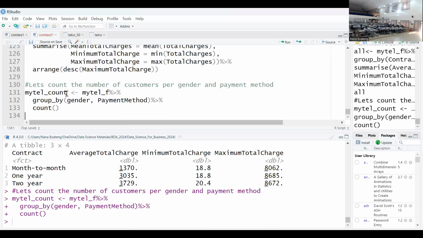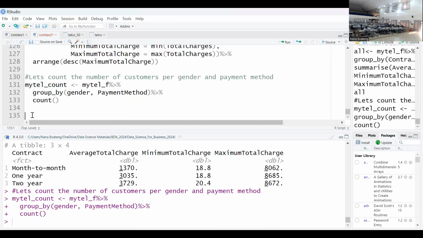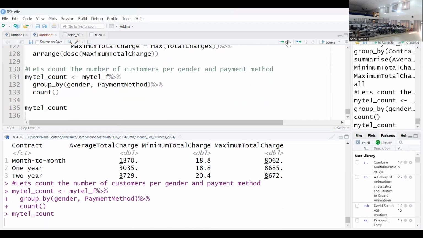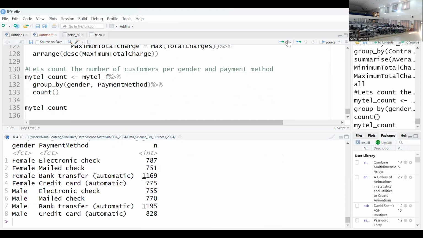Okay, so when we call mytel count, it gives us information here on the payment method.